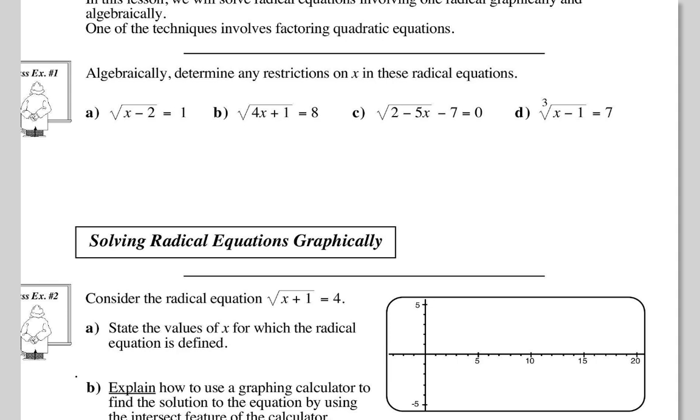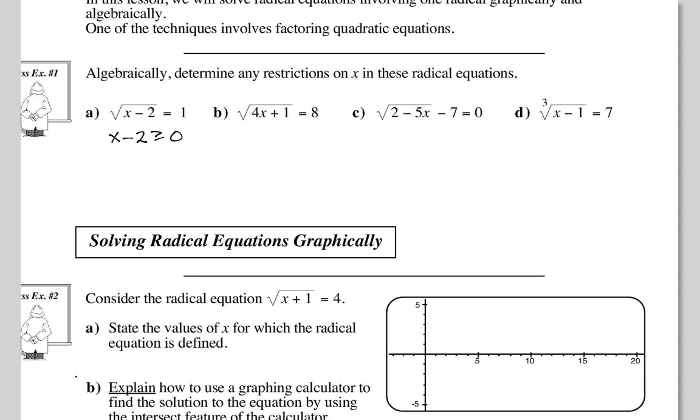So for the first one, what's the radicand? Good. X minus 2, right, Tia? So then all you have to do is put x take away 2 greater or equal 0. And then you solve that, just like it's a regular old equation. You want to isolate the variable, so negative 2 has to go to the other side.